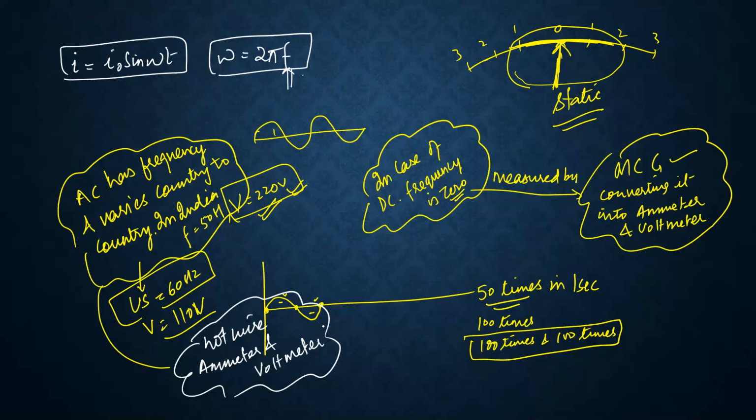They basically work on the principle of heating effect of current. किस पर काम करते हैं? Heating effect of current, that we'll see in the later stage of this chapter. हमें समझ में आ गया कि एसी को, डीसी को कैसे मेजर करना है, डीसी को ऐसे मेजर करना है, एसी को इससे मेजर.